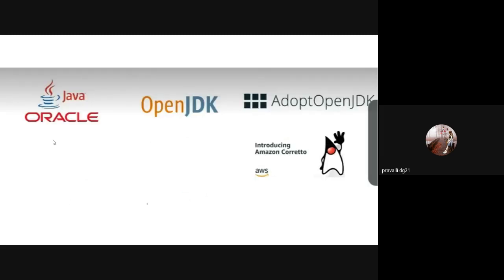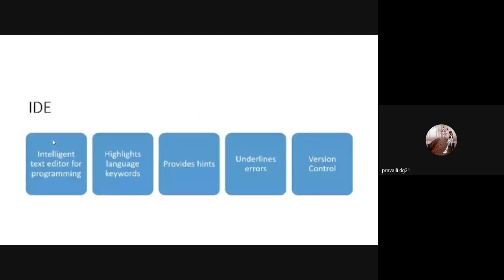These are JDK vendors: Oracle, OpenJDK, Adopt OpenJDK, and Amazon, introducing Amazon Corretto 2. Next, IDE. IDE is Integrated Development Environment. We use IntelliJ in this.